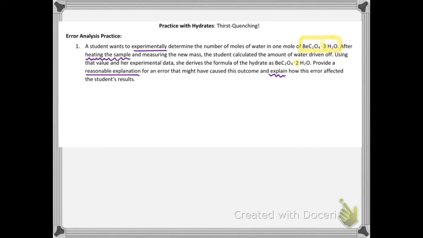They're just like, well, she heated it and then she measured the new mass. I personally believe it's unlikely that all of the water was driven off after one heating. And that's the most common mistake with hydrates. So that's the one I'm going to choose for my explanation. Of course, if you don't drive off all the water, notice, I didn't say evaporate.